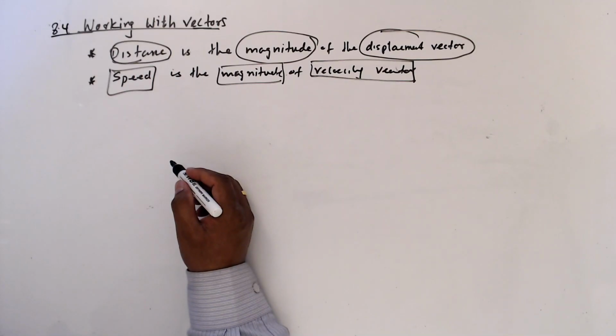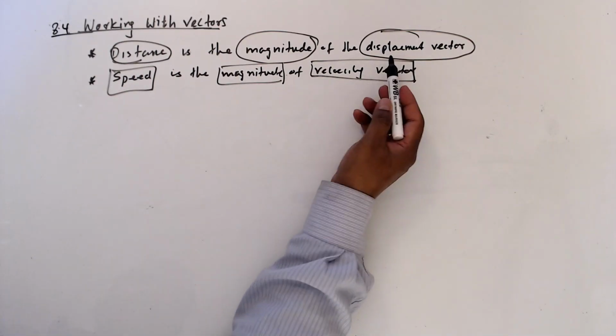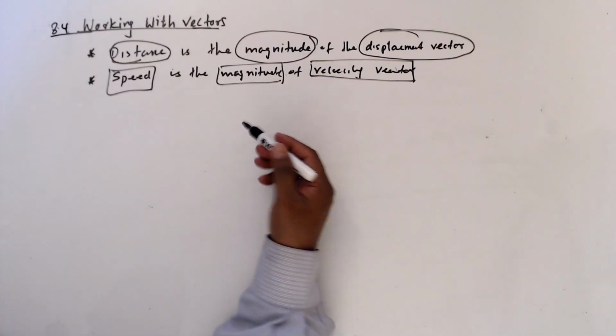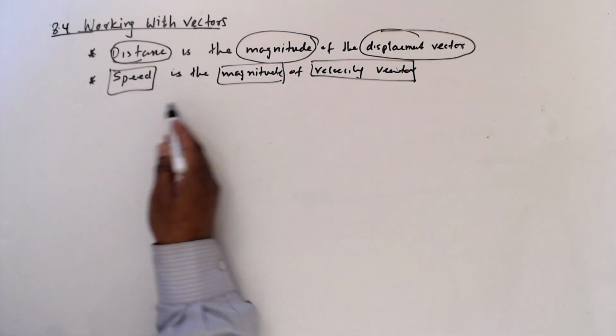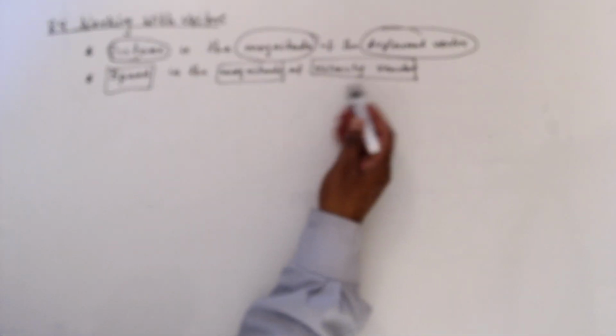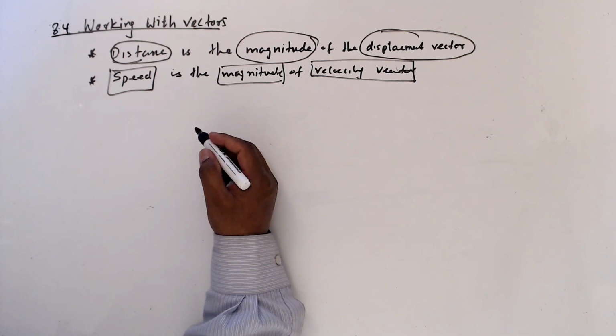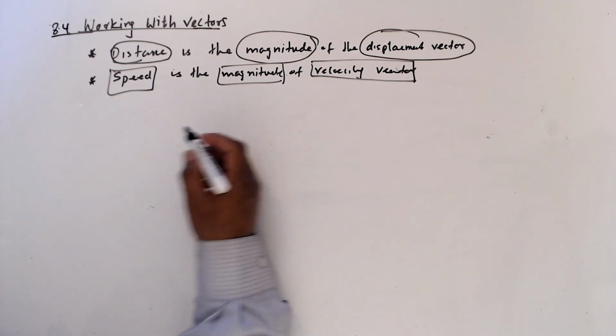So if you want to find a distance, you should have the displacement vector and find the magnitude. And if you want to find the speed, you should have the velocity vector and get the magnitude. So this is something we have to remember.